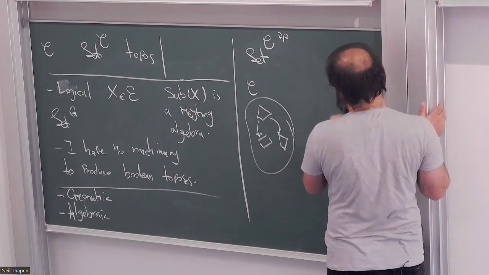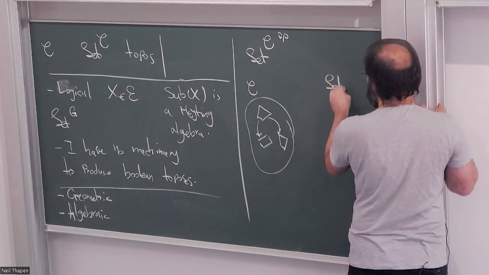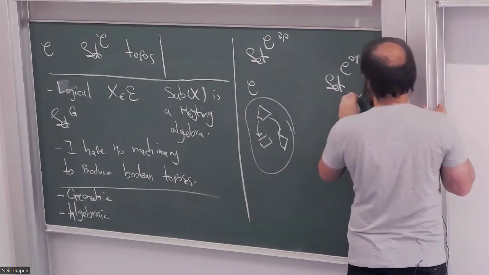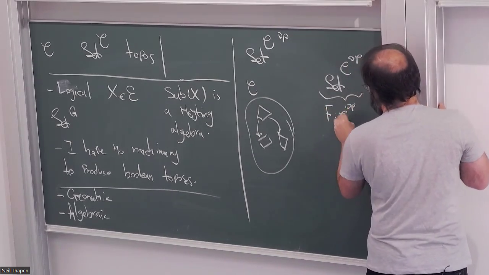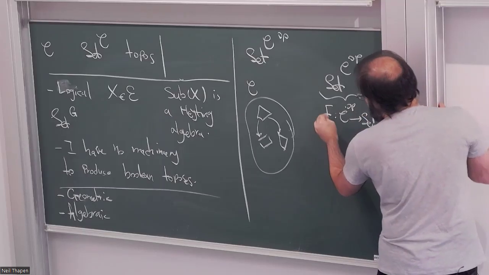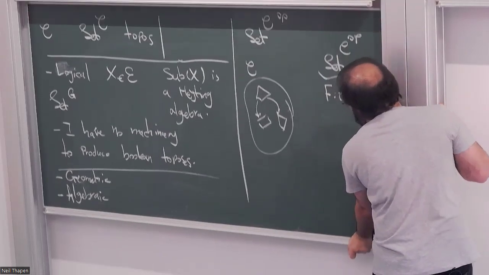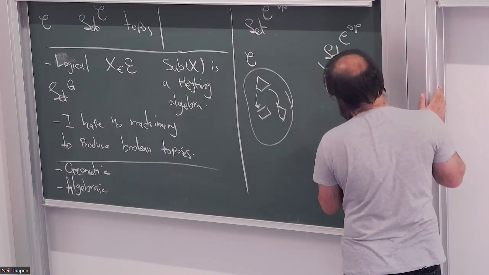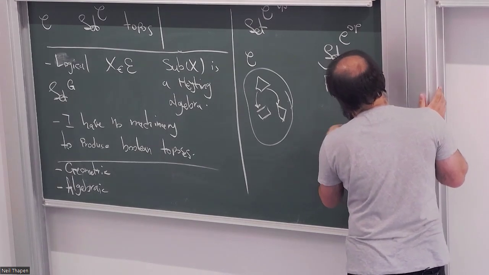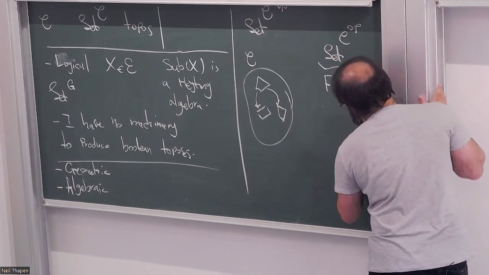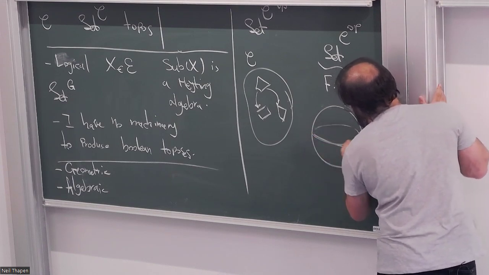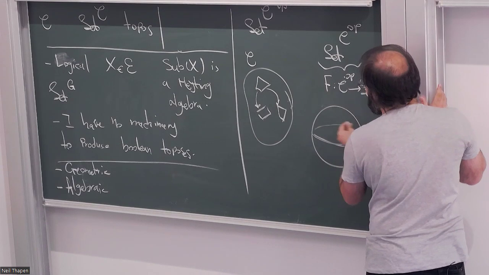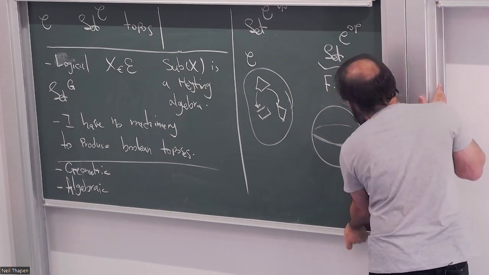And then you read any object here, which is simply a functor like this. You read this F as some sort of generalized space, meaning that you have something like this curvy thing, and this is some sort of generalized object.